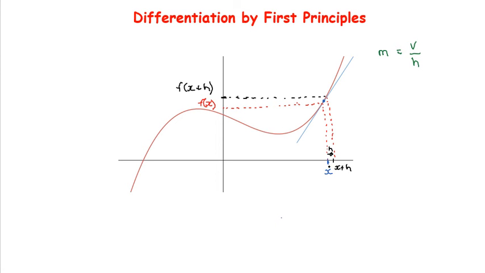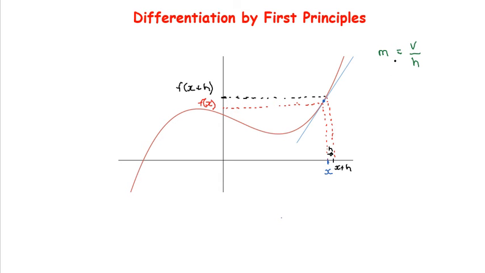So what I've managed to do is make a wee horizontal gap, and a wee vertical gap that corresponds to that horizontal gap. And that just surrounds the point that I want, and the tangent line's going right through that. Now I've zoomed in on this quite a lot, but the idea is that this gap is as small as you possibly can make it. It's just big enough so that there is a gap, but it's minuscule, infinitesimally small.